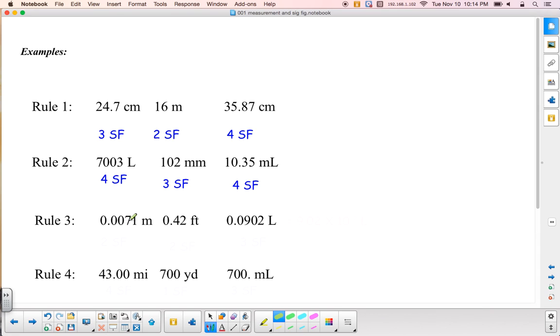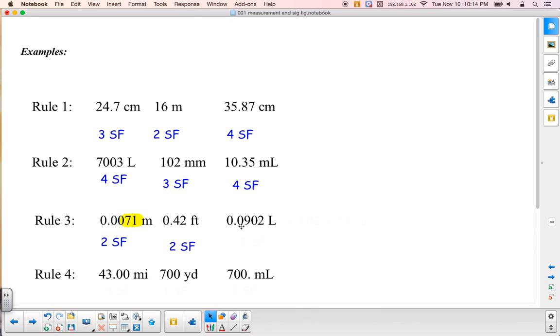The 7 is our first non-zero digit, so in this particular number, I have 2 significant figures, the 7 and the 1. In the measurement 0.42 feet, I don't count that leading zero, so this number has 2 significant figures as well.